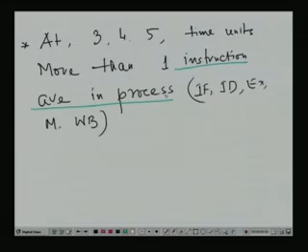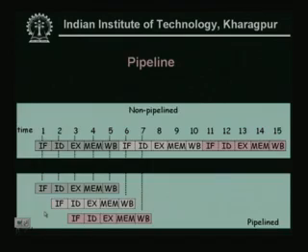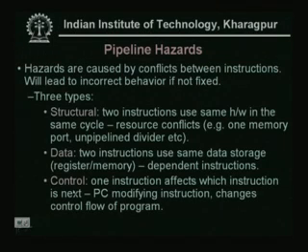So, the main problem, the main hazard, is when more than one instruction wants to do the same thing. Hazards are caused by conflicts between instructions, and will lead to incorrect behavior if not fixed.